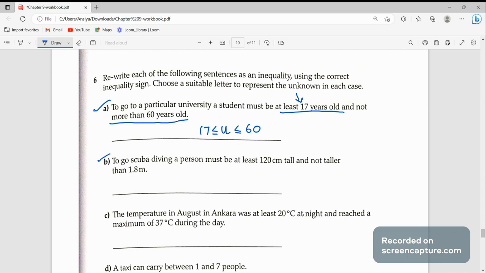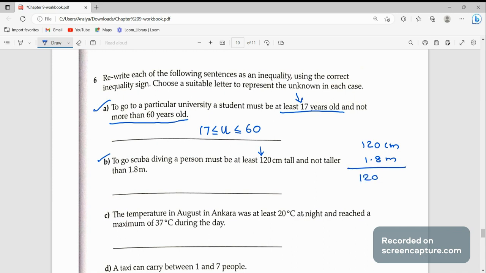To go scuba diving, a person must be at least 120 centimeters tall and not taller than 1.8 meters. Okay, one is given in centimeters and one is given in meters. So basic knowledge, you should write both in the same unit. I prefer both in centimeters or both in meters, up to us.